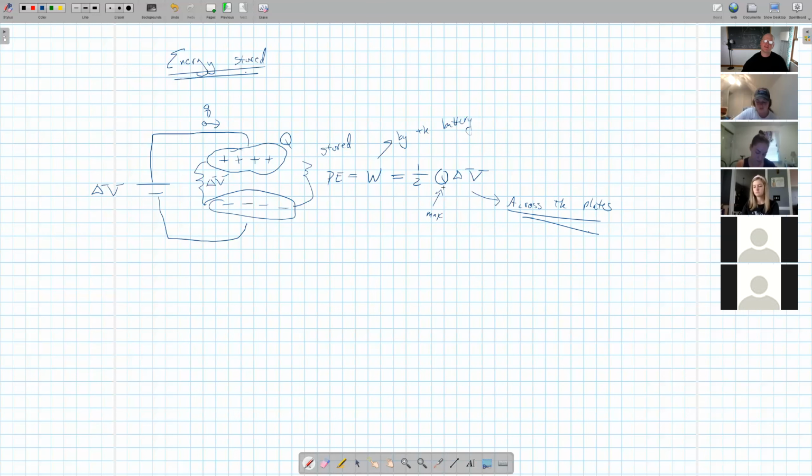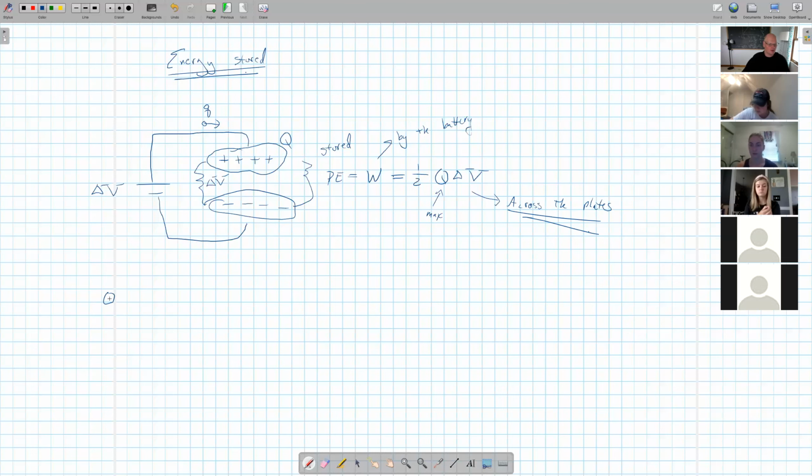I'm going to specifically say potential across the plates and not the potential from the battery, because as we also saw in lab, if I have capacitors put up in parallel and in series, they don't always have the same potential as the battery. So this is the potential across the plates, not necessarily the potential from the battery.